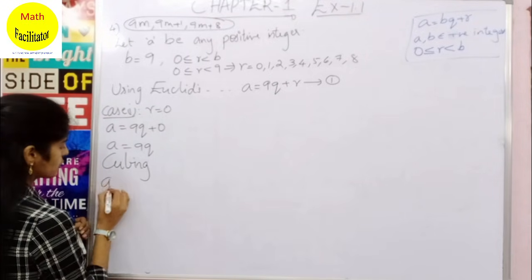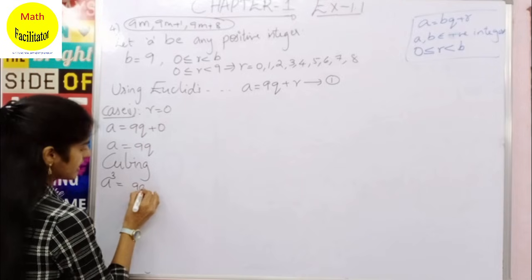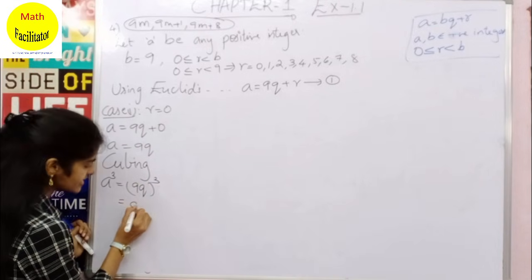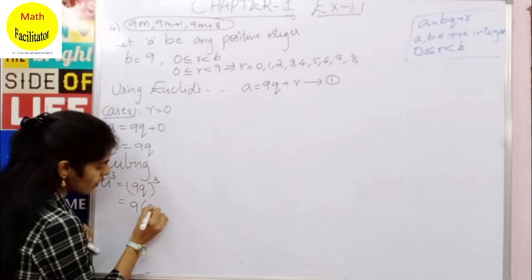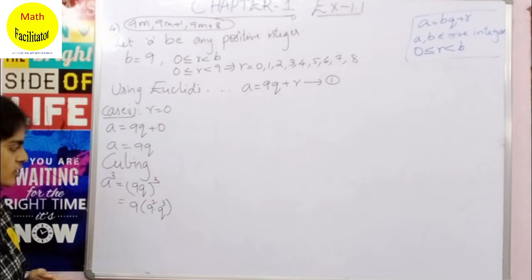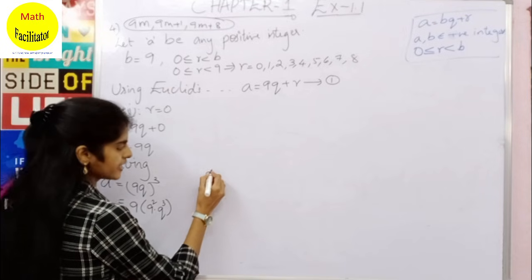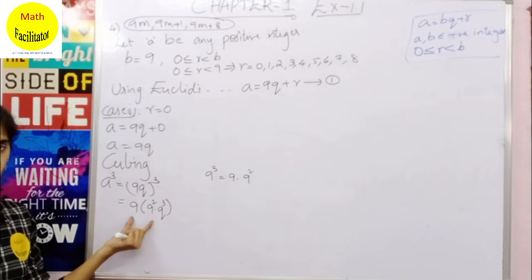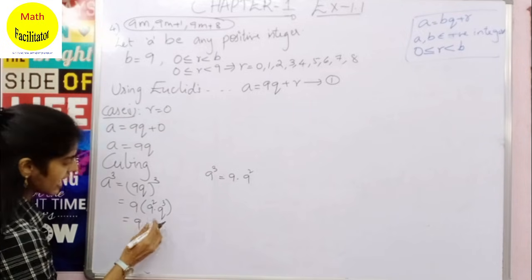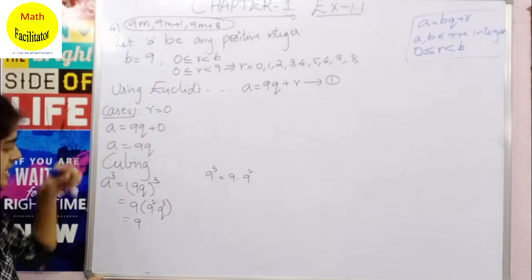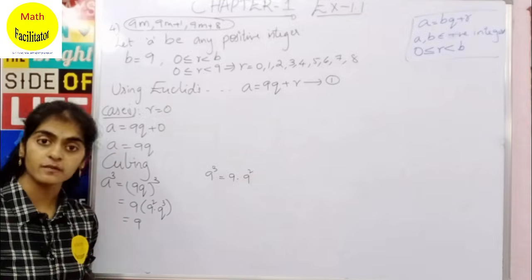Okay, so cubing, a cube is equal to 9q whole cube. This you can write as 9 into 9 square q cube, since 9 cube I have written as 9 into 9 square. This bracket I'll take as m, since the letter m is used and they are asking us to prove in terms of m.